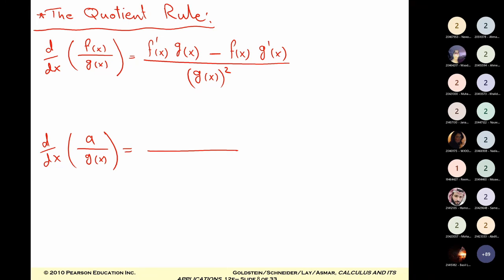The derivative of a constant equals 0, multiplied by g is 0. So this is equal to what? Minus the derivative of the denominator over the denominator squared. This is a special case if we have a constant over g. Okay.